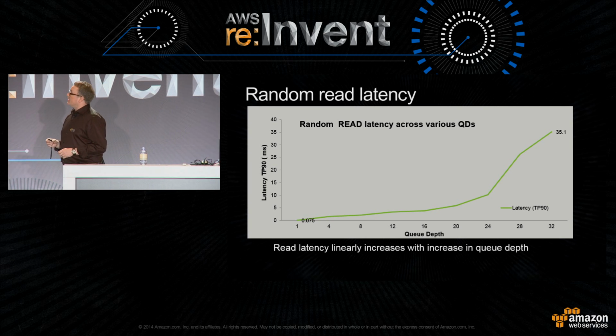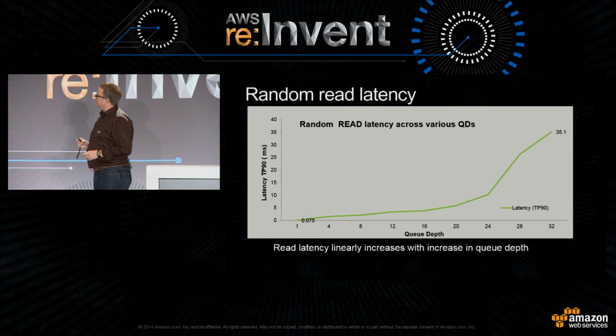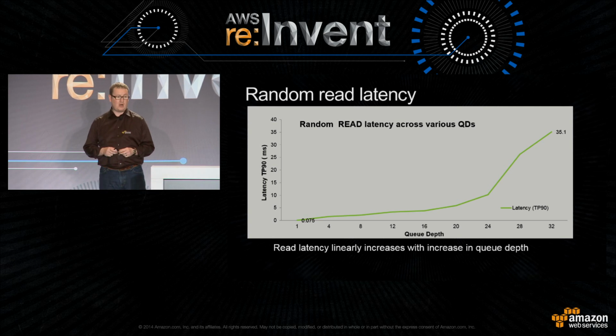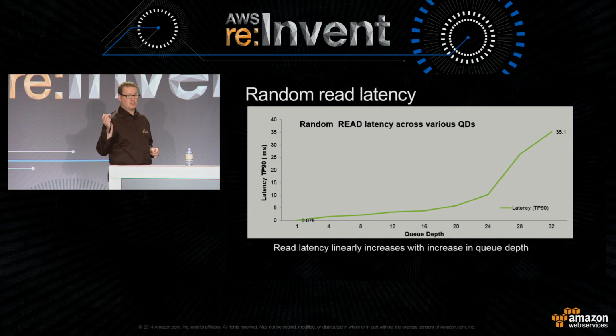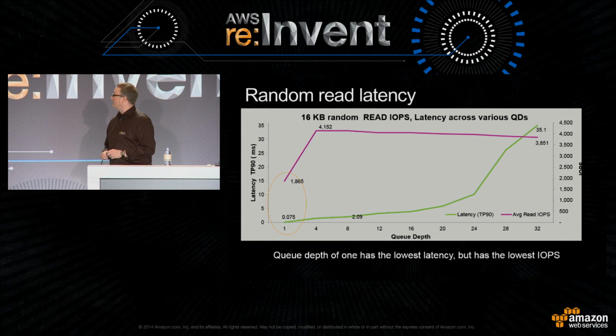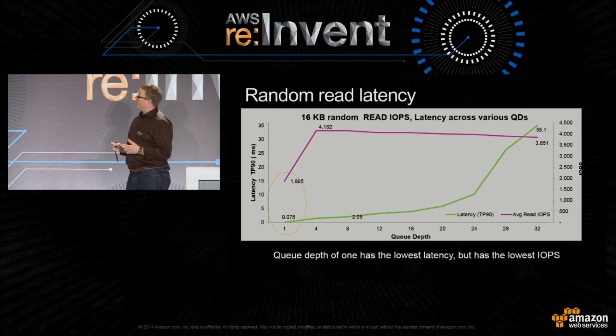What we see here is the queue depth along the bottom and the latency in milliseconds. As the queue depth increases, you can see that our latency is up at 35.1. I don't think we want to be there if we want single digits. So it looks like our queue depth needs to be all the way over at 1 if I'm looking at this graph.